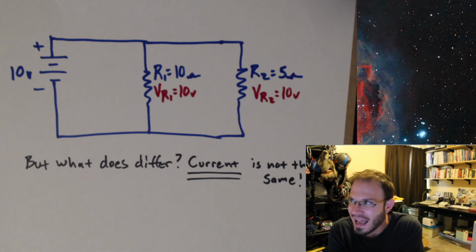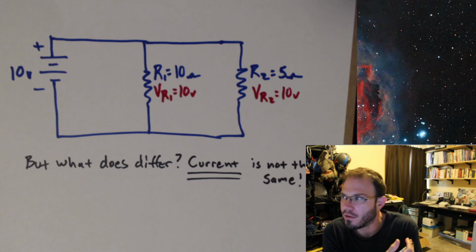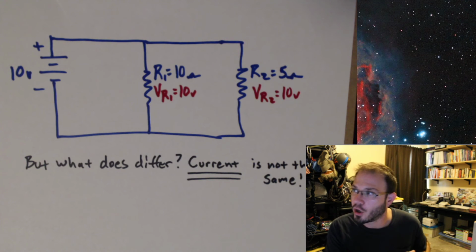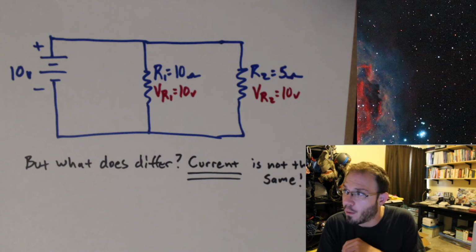You can call it I, you can call it I1, you can call it anything you want. But for the sake of convenience in this class, I will always be referring to the current for the entire circuit as the total current.